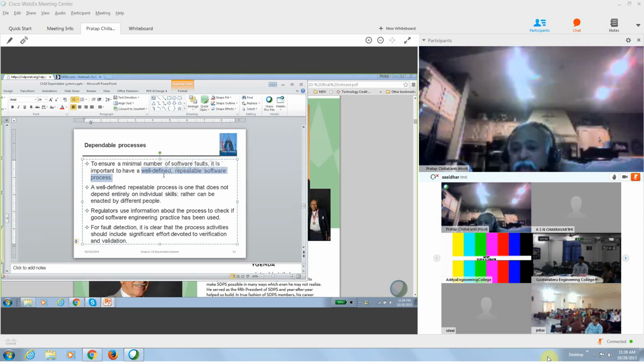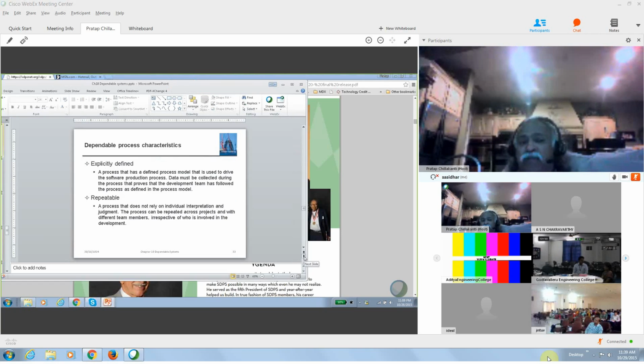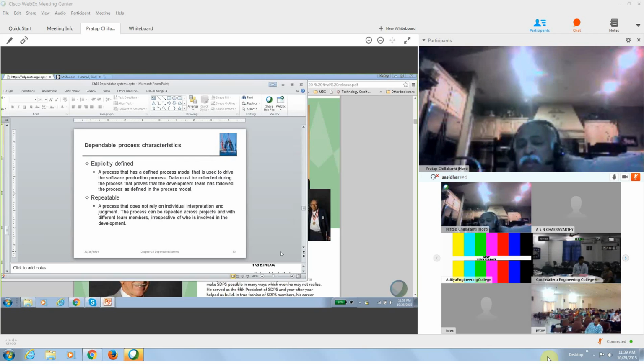But in our software engineering world, we have come up with process frameworks. Steps are repeatable.